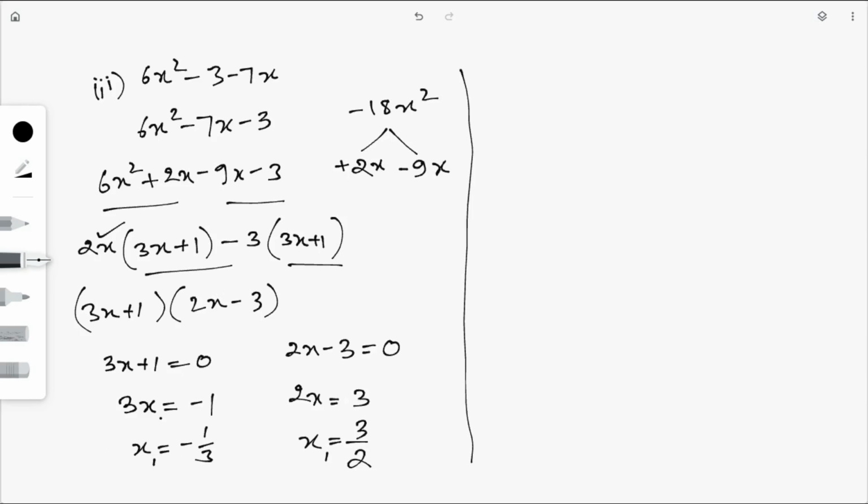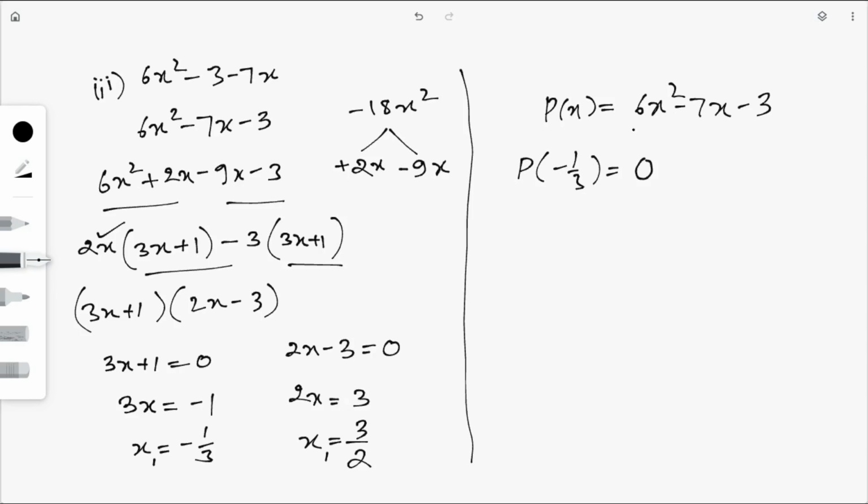So what is this 0 of the polynomial? What exactly is this 0 of the polynomial? So it means, for example, here the given polynomial is 6x square minus 7x minus 3. The meaning of 0 of the polynomial is when I substitute this x1, that is minus 1 by 3, in this equation, okay, we should get 0.